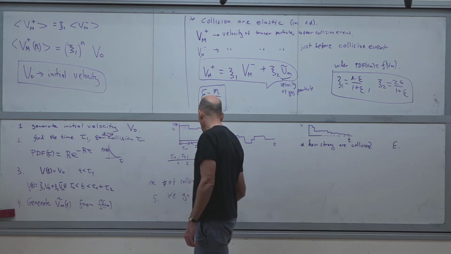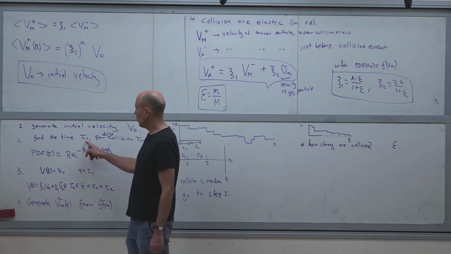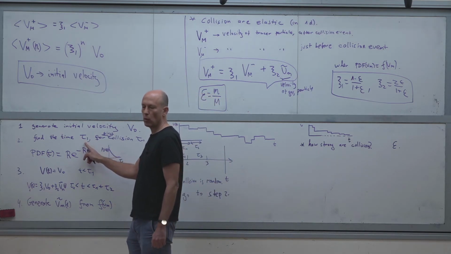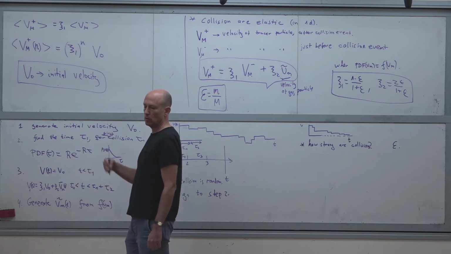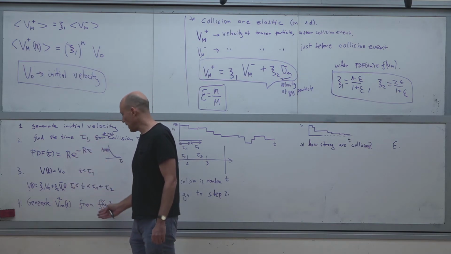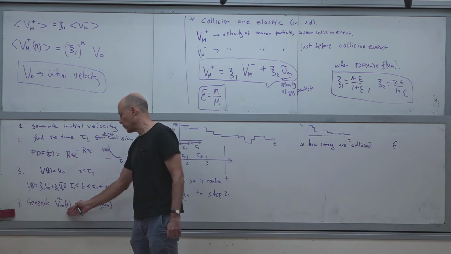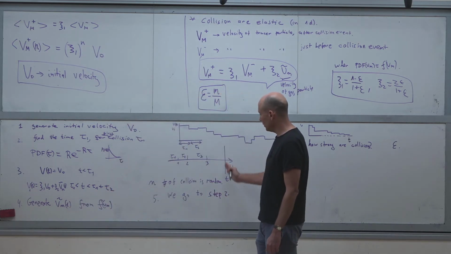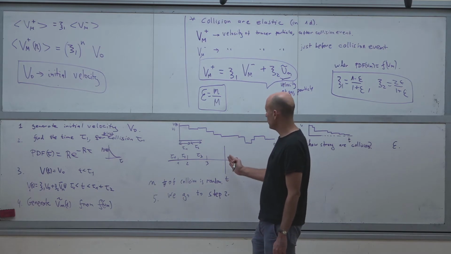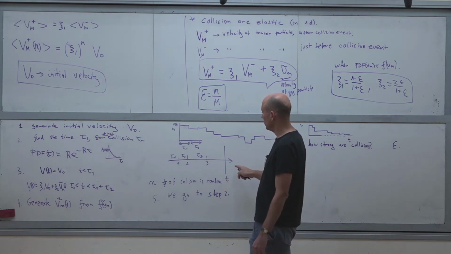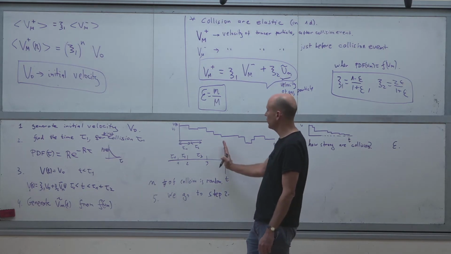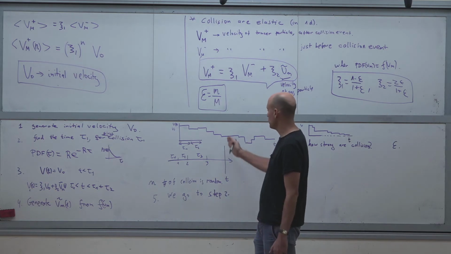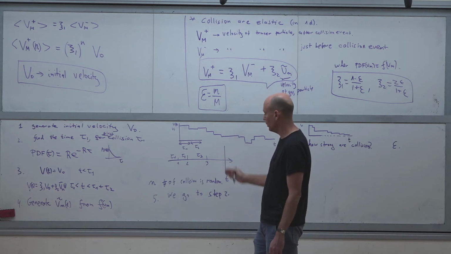And then, of course, step 5, we go back to step 2, which means that, of course, we don't generate tau 1 now, we generate tau 2. You generate again a velocity, now it will be Vm2, and you continue like this until you generate a tau such that the total time is bigger than t. And then you stop the process because you observe the system at time t.